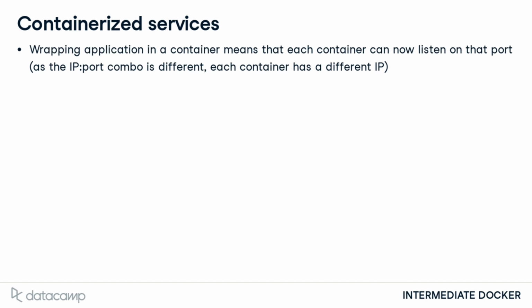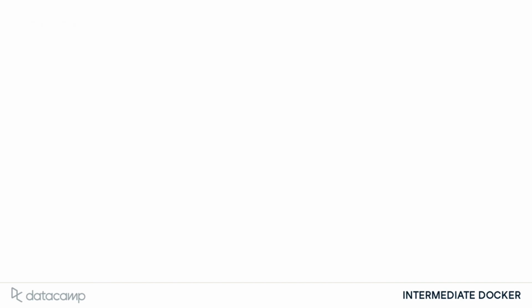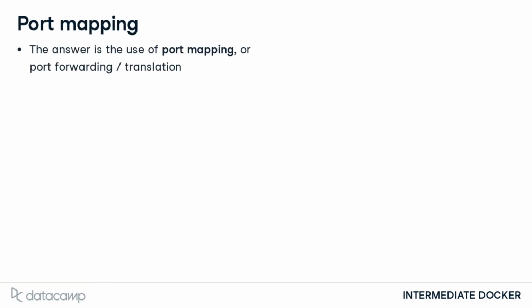This is because the IP port combo is different for each container, because each container has a different IP address. We can also now have multiple copies of a container running, including those of different versions running simultaneously. However, the question then becomes, how do we connect to the individual containers without knowing the specific IP addresses of each container?